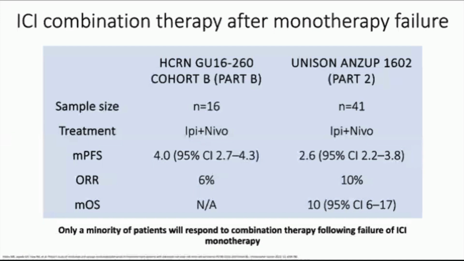And these are obviously very small numbers, and this should be considered when we interpret this data. But regardless, they found that the objective response rates were very low, ranging from 6 to 10%. And what this suggests really is that only a minority of patients will respond to immunotherapy combination therapy after failure of monotherapy. So not a great option for these patients.